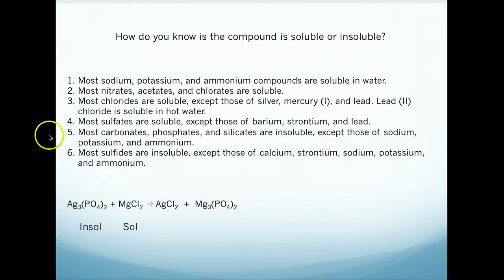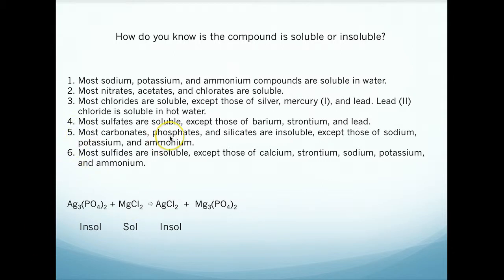So let's look at our guidelines to see if any of this is insoluble. Well, number 3, silver chloride, it says chlorides are soluble except for silver. Okay, so this is silver chloride, so that's going to be insoluble. And our magnesium phosphate, that would be number 5.